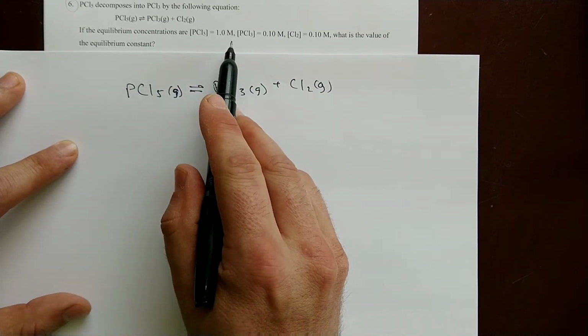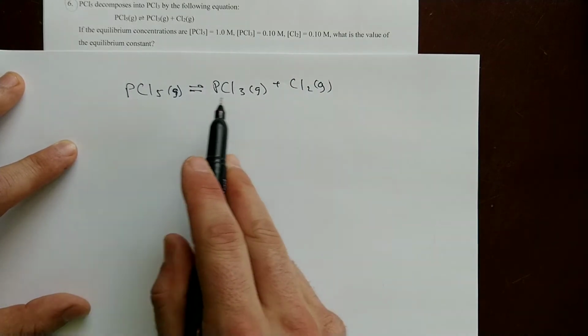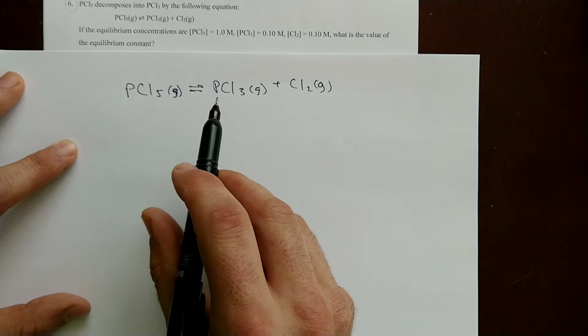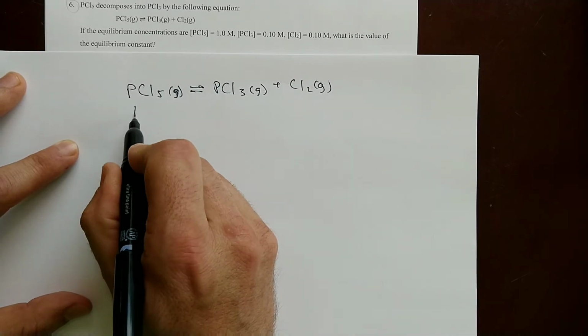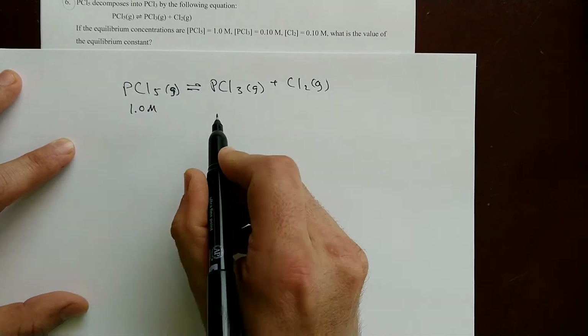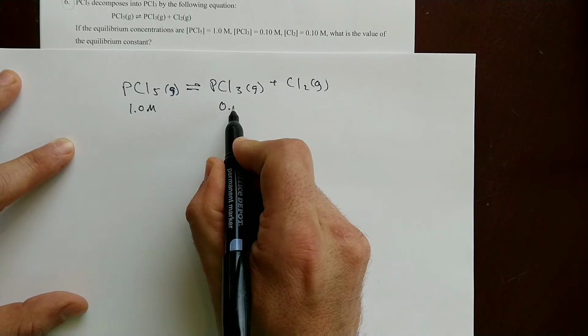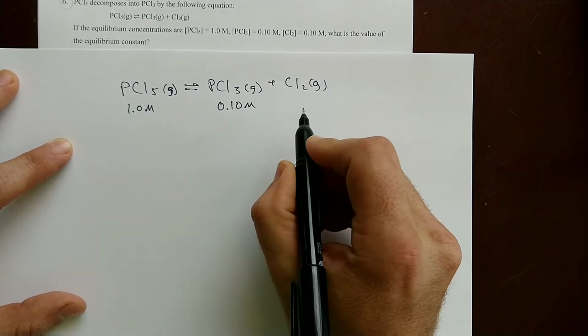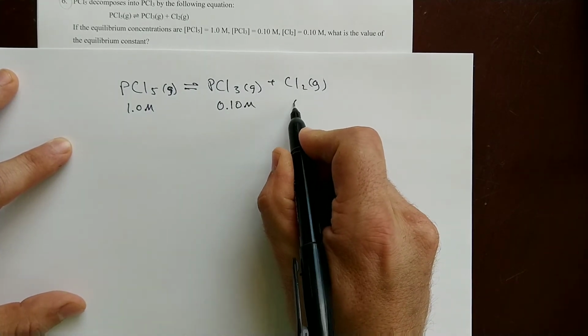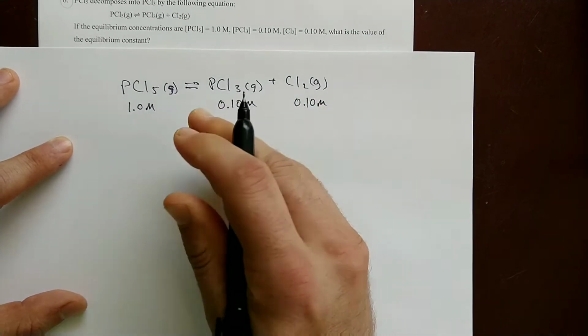So the problem says at equilibrium, once these are allowed to react and come to equilibrium, then PCl5 will be at 1.0 molarity, PCl3 will be at 0.10 molarity, and Cl2 will be at 0.10 molarity.